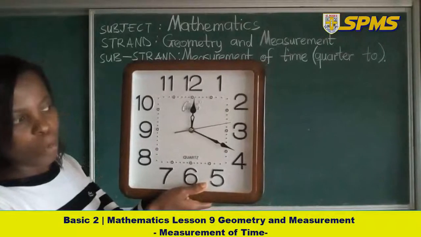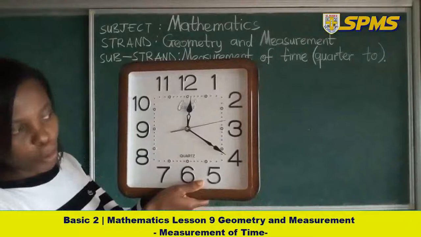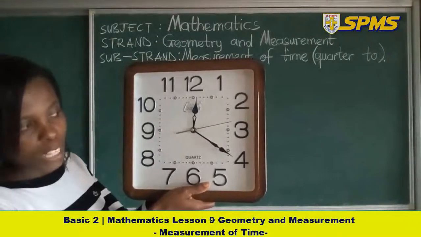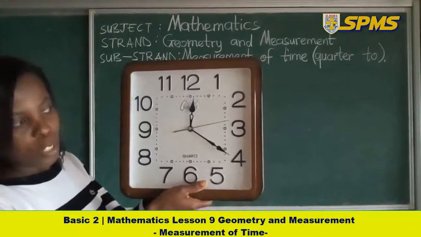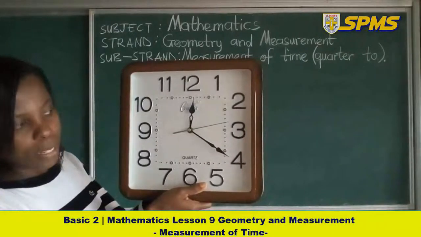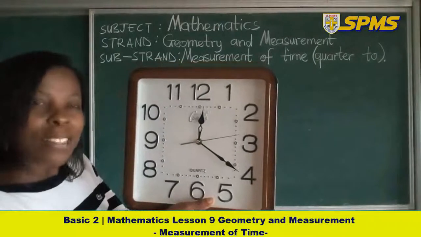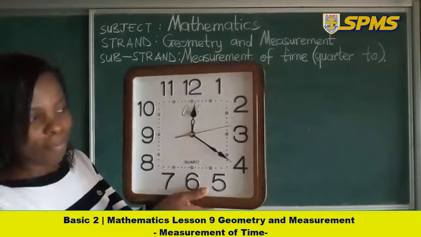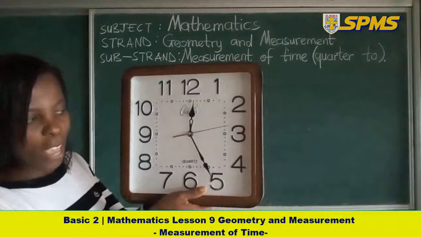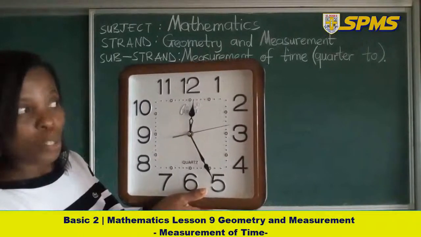It's now moving from 3 to 4. So what minute do you get when the minute hand is on 4? 20 minutes. So the time is 12:20 or 20 past 12. It's moving. It's on 5. 25 minutes past 12.